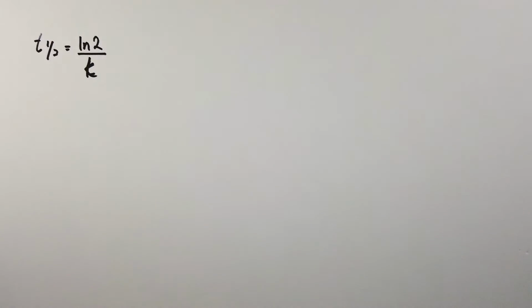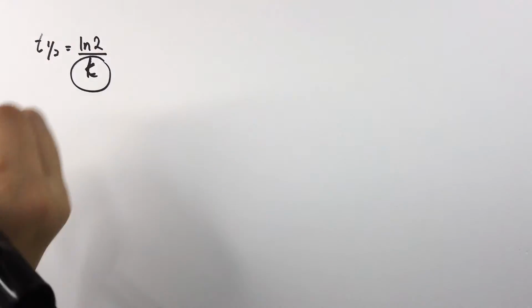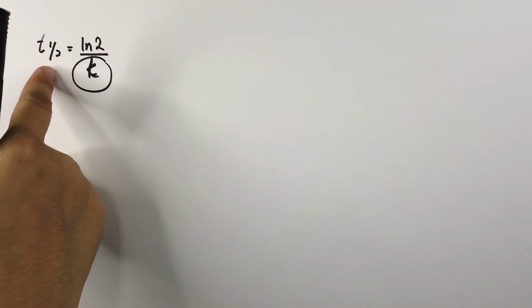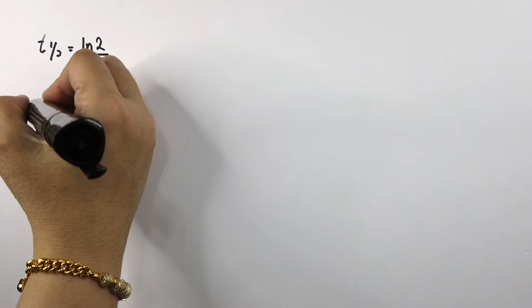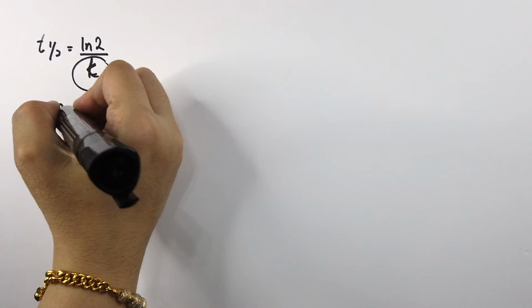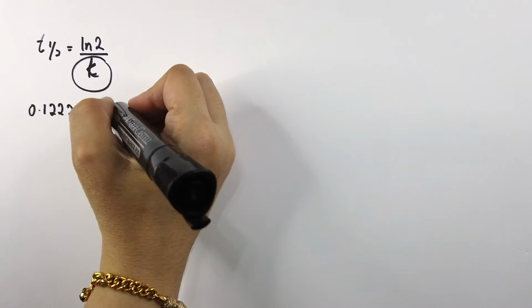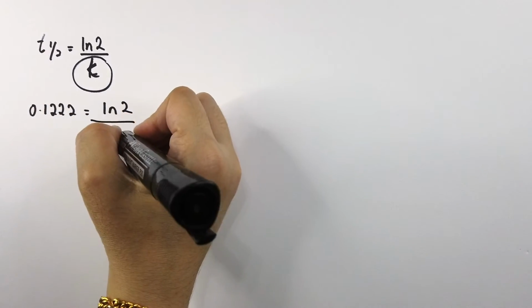So what you need to do is find the value of k, because given to you is the value of half-life, which is 0.1222. Therefore, it's equivalent to ln 2 over k.